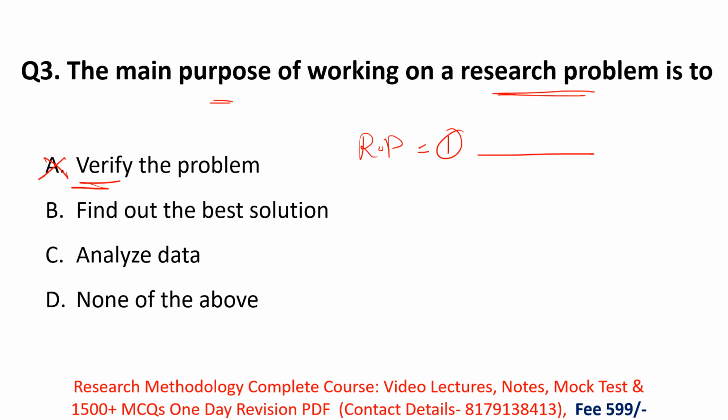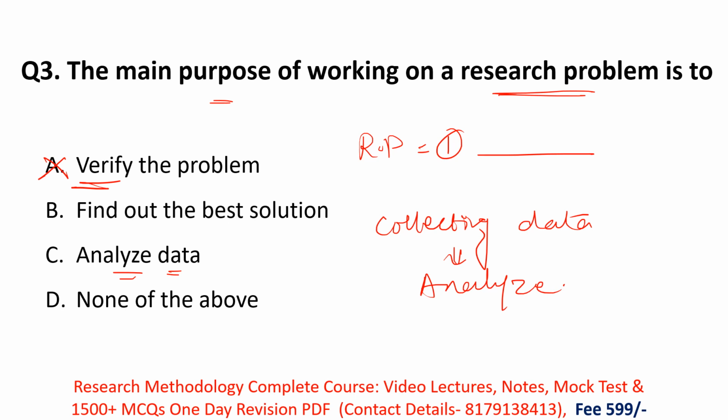Then we'll see option C, analyze data. Remember, in research we analyze data after collecting it. Suppose from a sample I got some data, and after that I analyze what data I am getting.